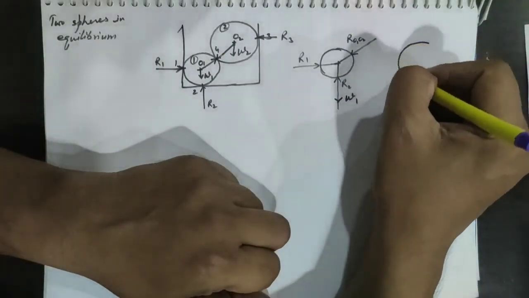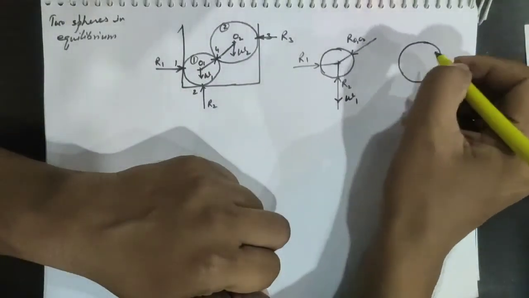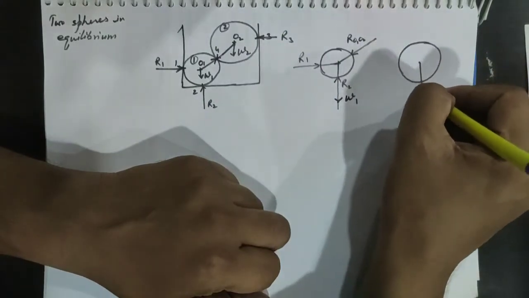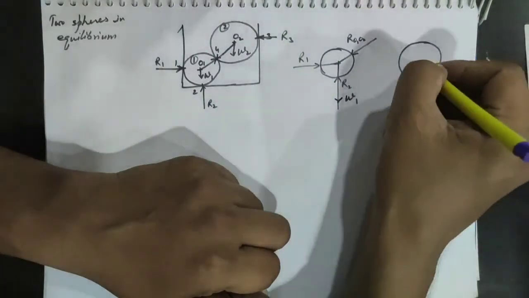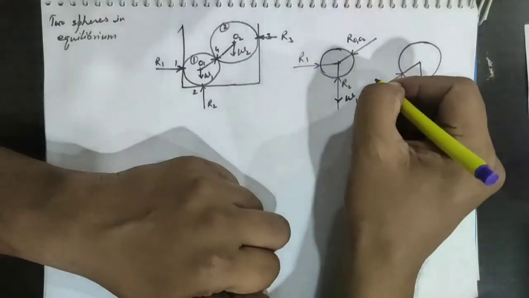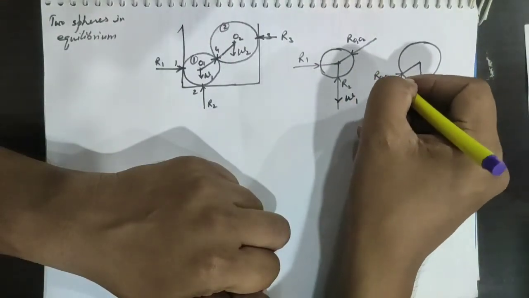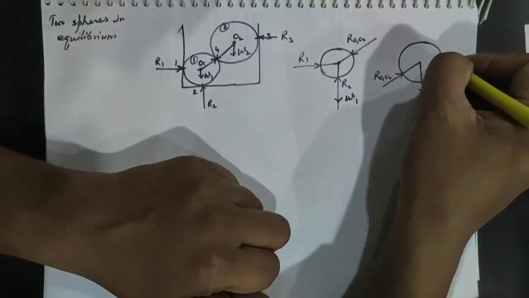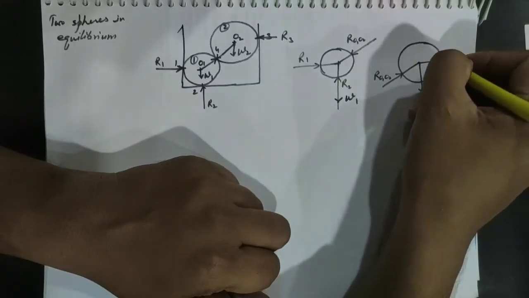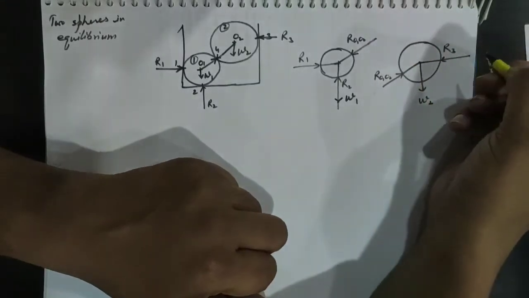For the second sphere we have W2, the RO1O2 reaction like this, and one horizontal reaction R3 like this.